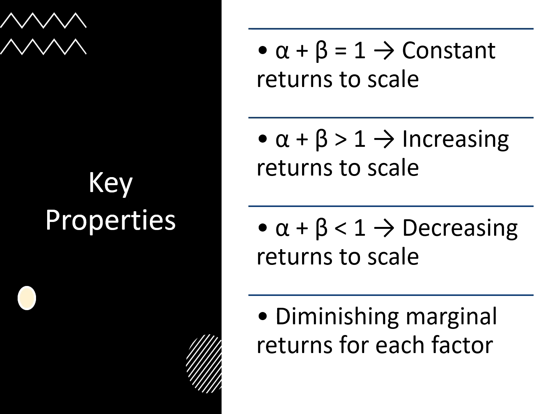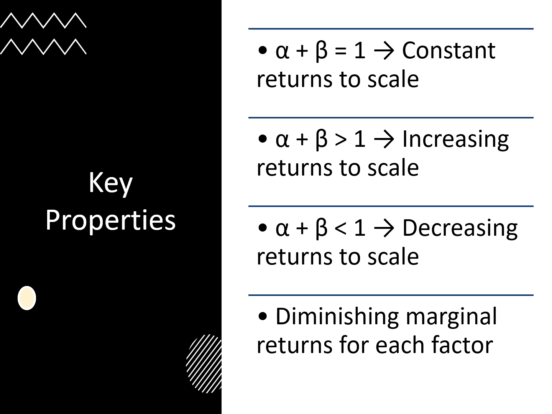You add an extra employee and an extra machine, but your output is growing less. So you're becoming less efficient in your resources, which gives us diminishing marginal returns for each factor.